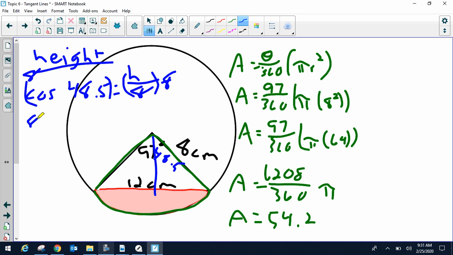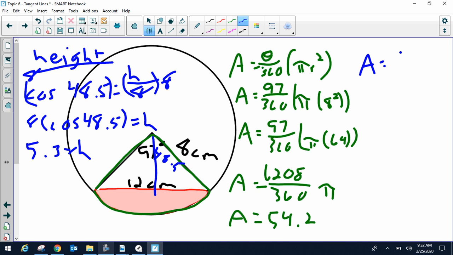So 8 times the cosine of 48.5 gives 5.3. So there's my height.